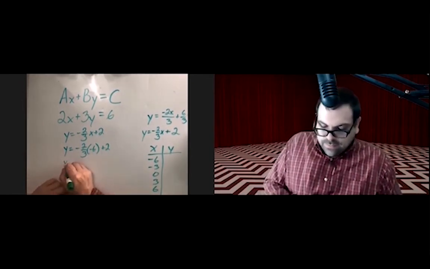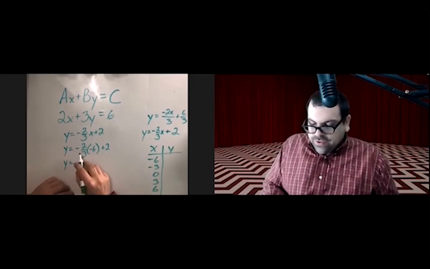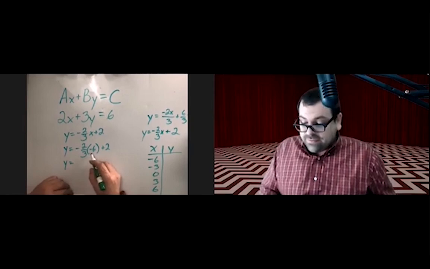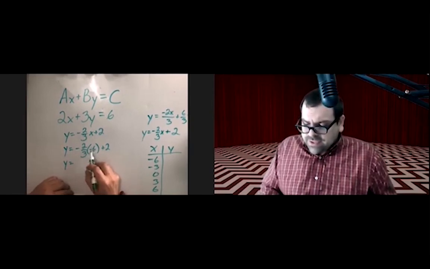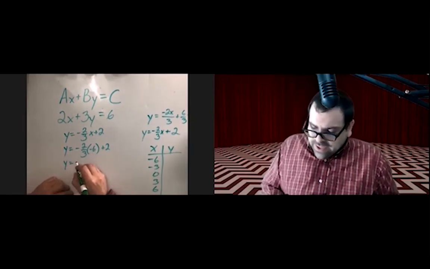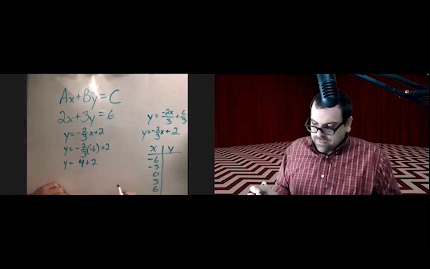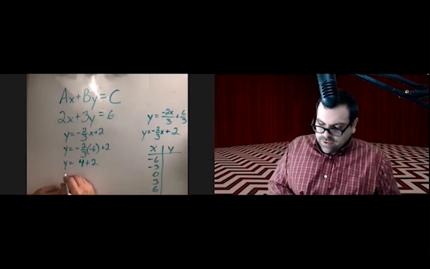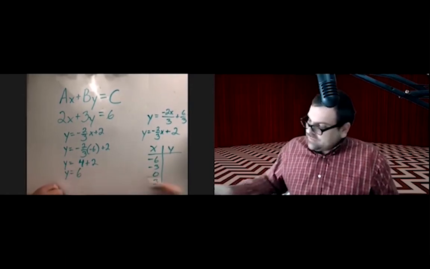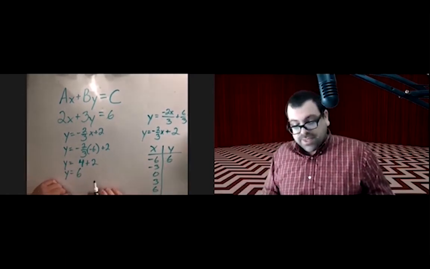Well, -2/3 times -6. Negative times negative is positive. 2 times 6 is 12. Divided by 3, that's going to be 4. Plus 2 gives us a y of +6.